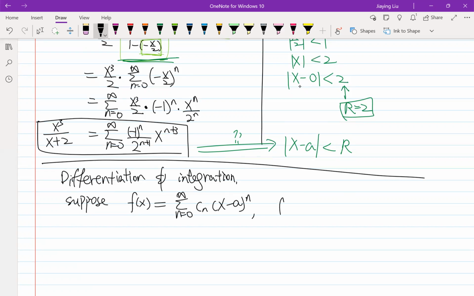And suppose that f of x is differentiable on the interval a minus r, a plus r, and r is the radius of convergence for this series.